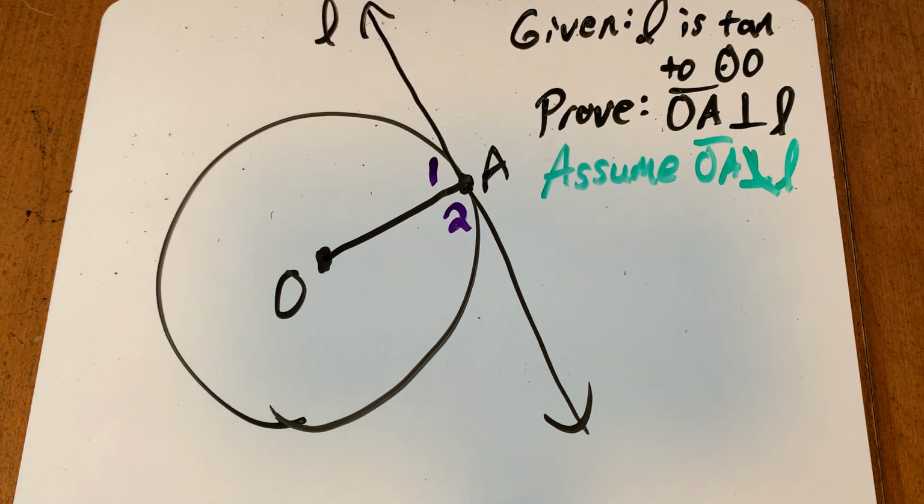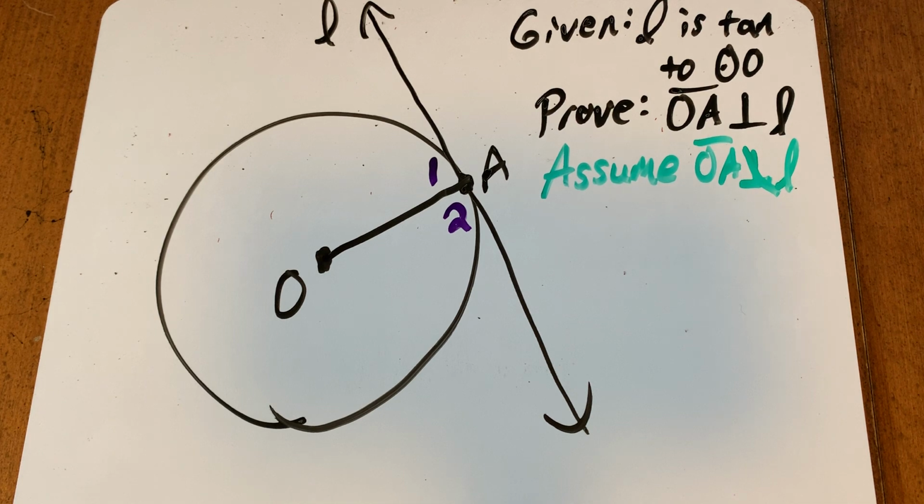We can tell from the diagram that they're a linear pair because we have line L. So one's going to be acute, one's going to be obtuse. It doesn't matter which one. Let's just say that angle 1 is our acute angle. So angle 1 is less than 90 degrees.